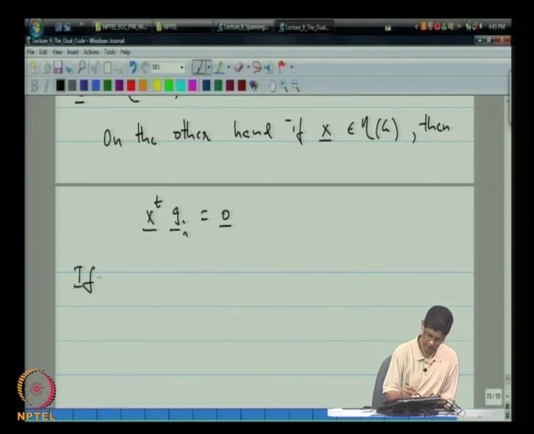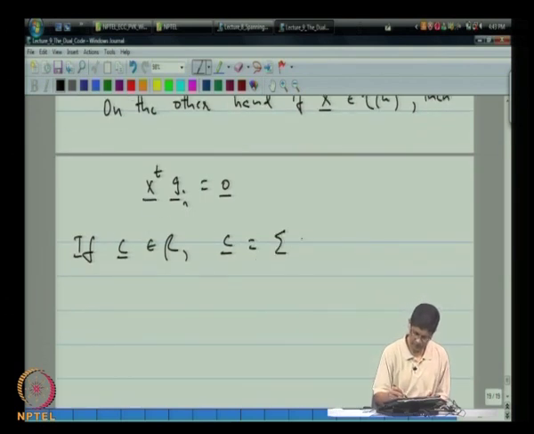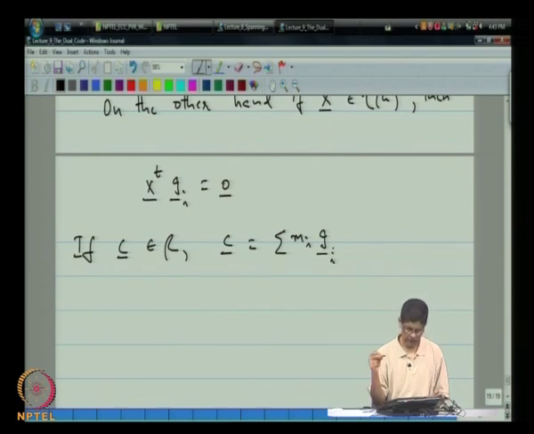If c is a code word, then c can be written as sigma mi Gi, i equal to 1 to k.